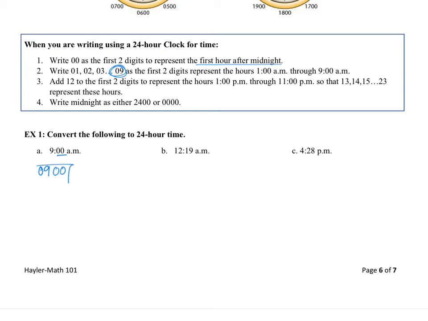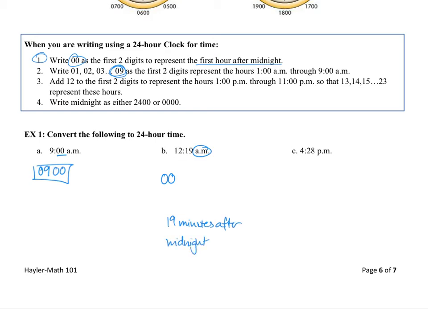And there we go. Looking at B, that's 12 a.m., so that's in the morning. So we're going to look at step 1 here. Write 00 as the first 2 digits to represent the first hour after midnight. So 12:19 a.m. is 19 minutes after midnight.